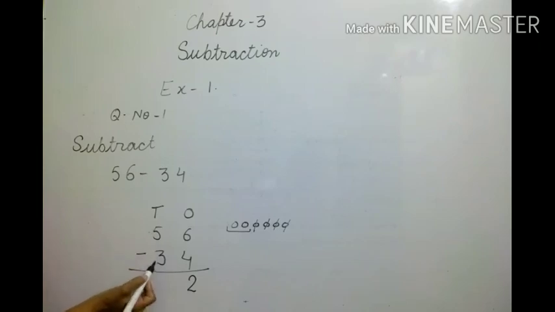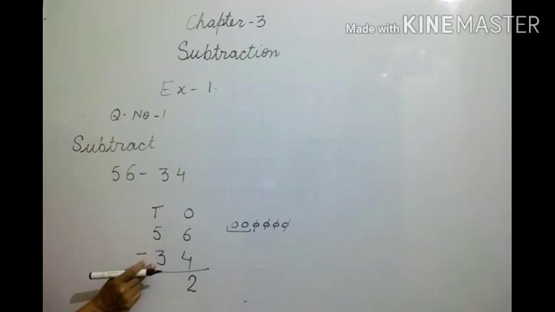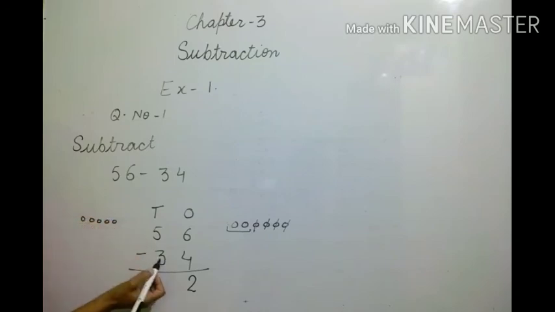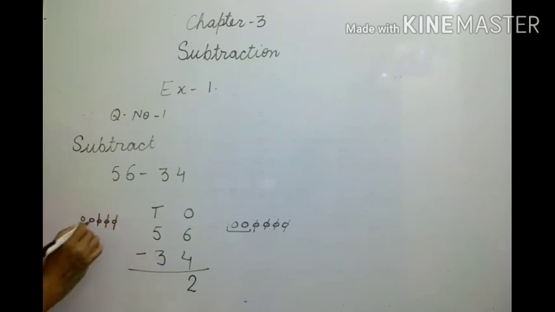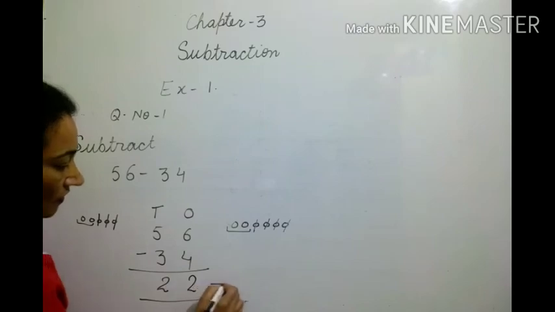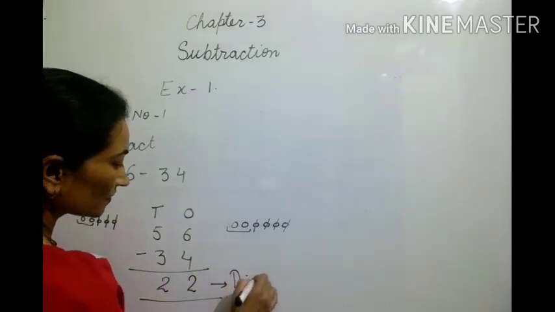Now you will subtract tens. From 5 tens you will subtract 3 tens. So from 5 you can make 5 circles and you have to cut 3. Then cut 3. How many left? 2. Write in tens column. The answer of subtraction is called difference.